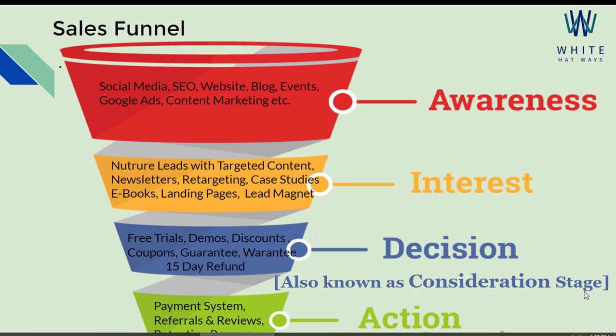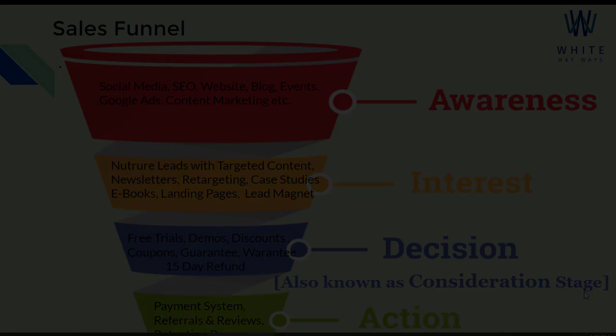Once they are already interested, the next stage is that of consideration. They are pretty much close to the conversion, and this is the time when a simple push, which can be given through free trials, maybe demos, discounts, coupons, a guarantee, a warranty or a 15-day refund policy, or free shipping, can finally get them converted.